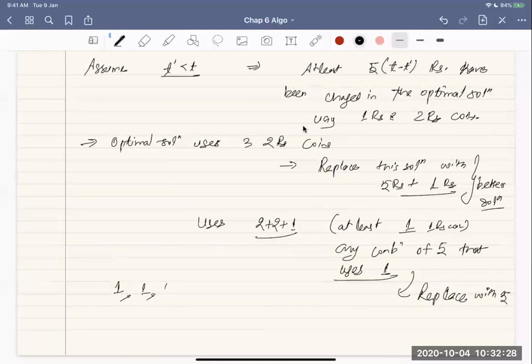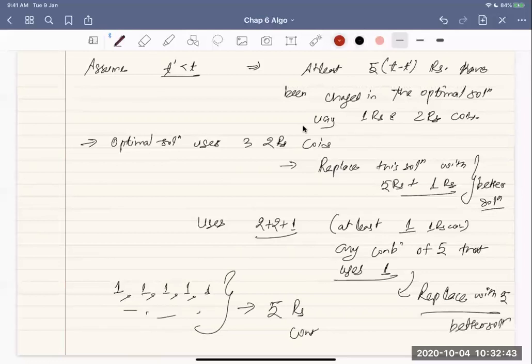You can take all ones and so on, right? So you can always replace them by a single 5 rupee coin. So again, you get a better solution. So that is also not possible. So that means T prime has to be T. Okay, so the optimal solution will use the same number of 5 rupee coins as my greedy solution.